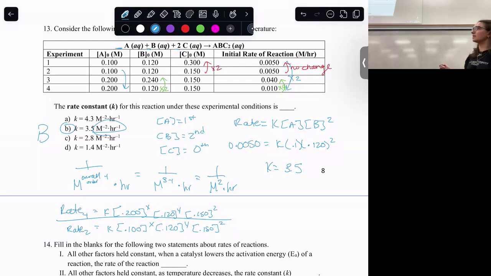So if you divide these, then your K's cancel out. Anything that is holding the same concentration cancels out.